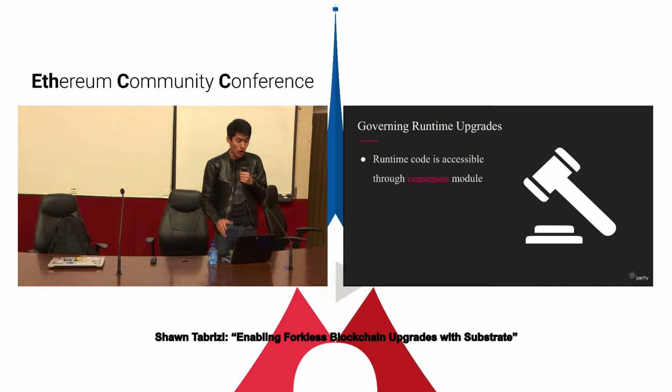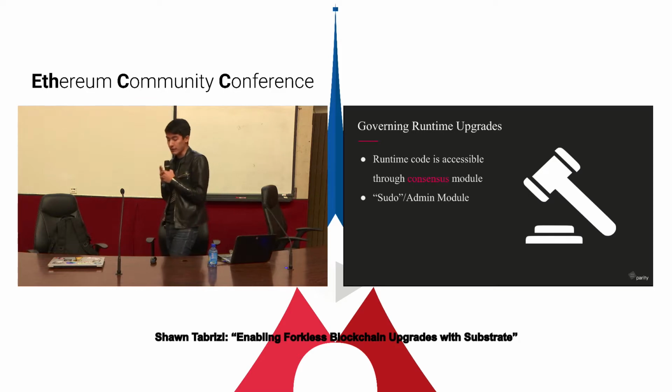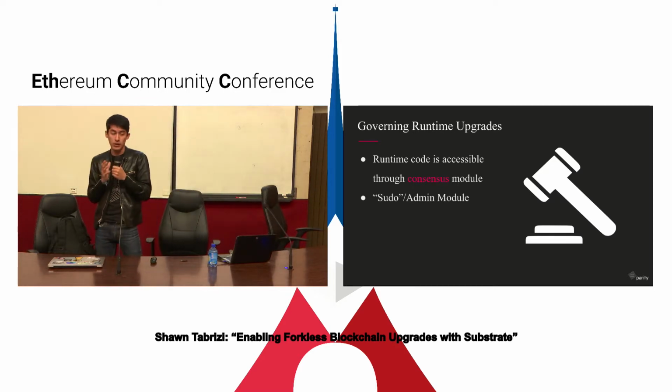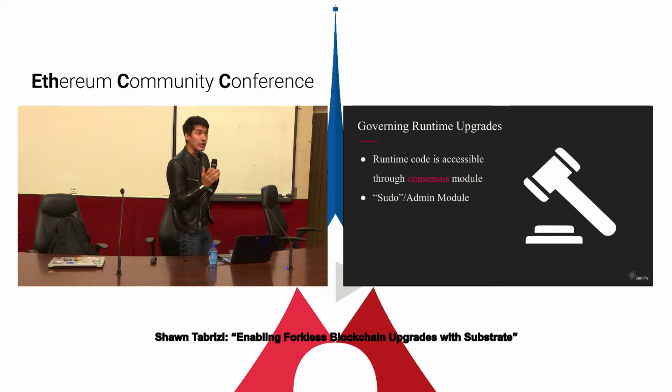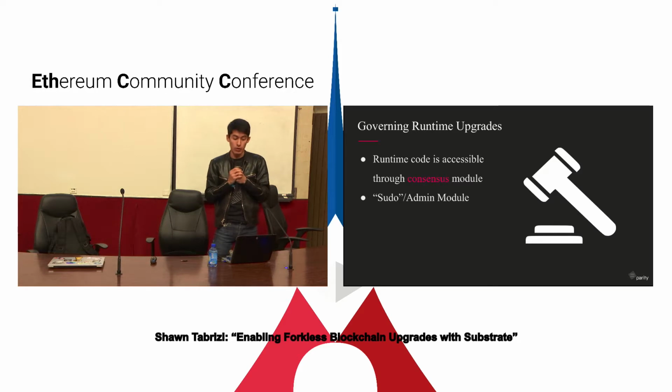You can call this set code function in different ways. One of the modules we provide is the sudo module, which is great if you're doing testing or any type of private network where you want a single key to be able to control the runtime. That key can call into the sudo module and directly upgrade the code of your blockchain.